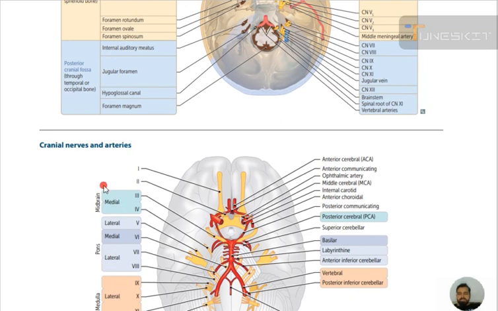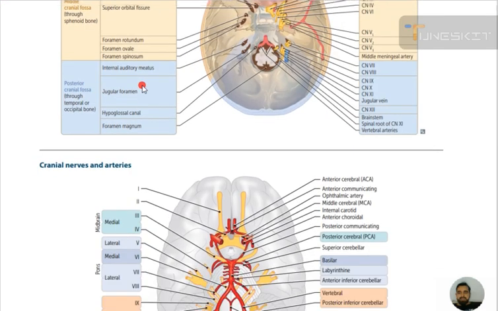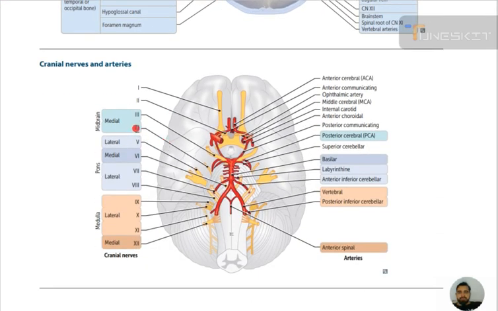So the next thing is cranial nerves and arteries. These were the vessels pathway, and these are mainly related to arteries. Cranial nerve 1, and then the optic nerve. Midbrain, and from the medial side arise cranial nerve 3 and cranial nerve 4. From lateral, there is cranial nerve 5 and cranial nerve 6.